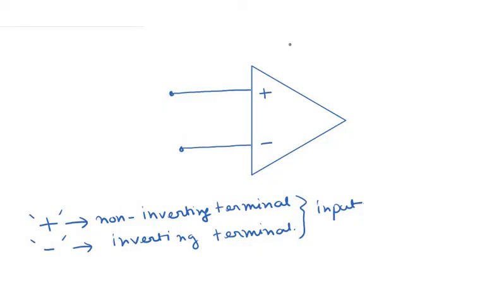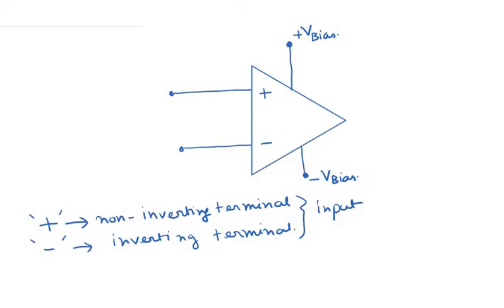We have two more terminals across which the biasing voltages of the op amp are to be connected. Remember that these biasing voltages are not the input to the op amp.